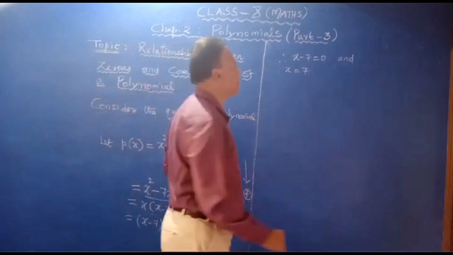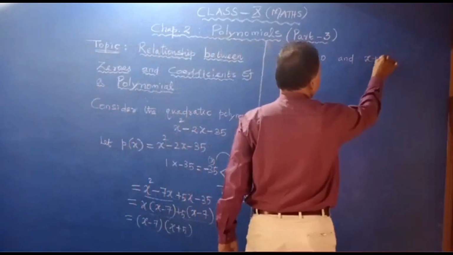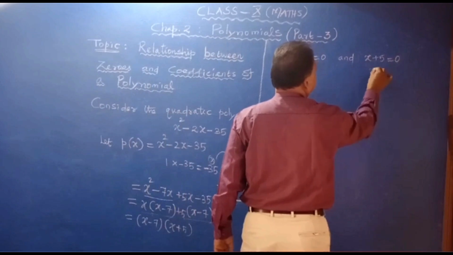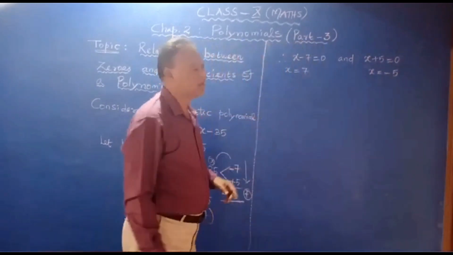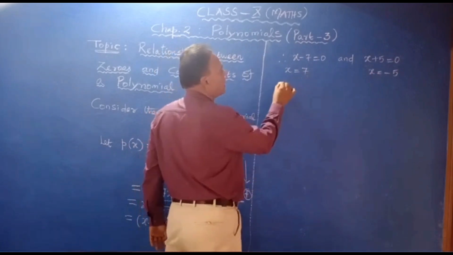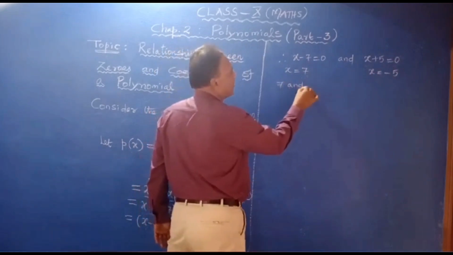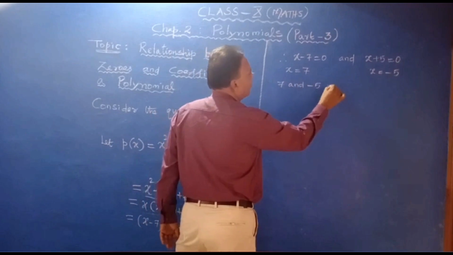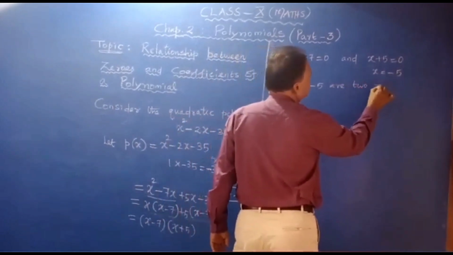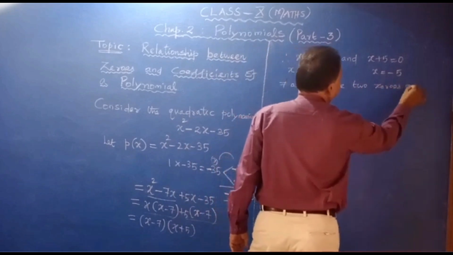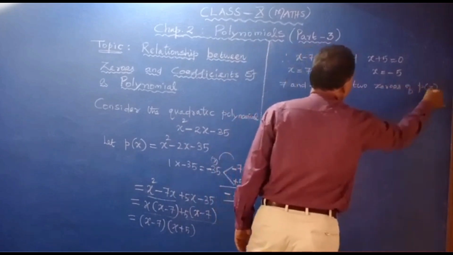Clear? That also you make 0 to find the zero: x is equal to minus 5. Now you got two zeros, right? So 7 and minus 5 are the two zeros of p of x.